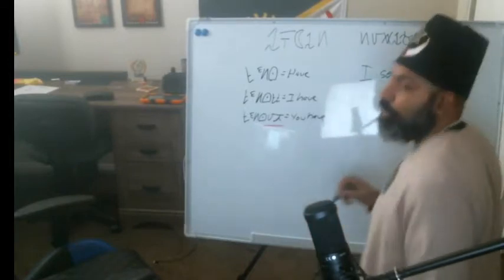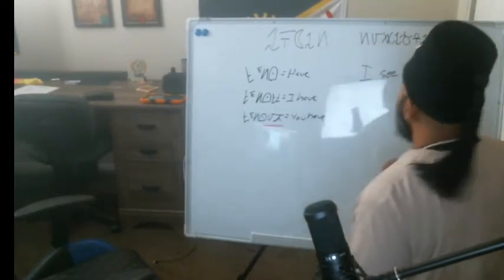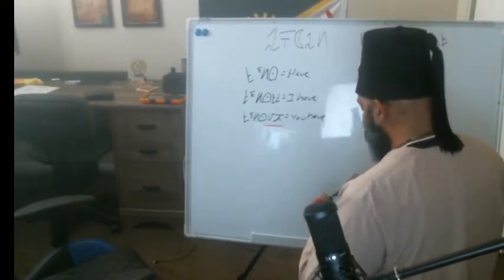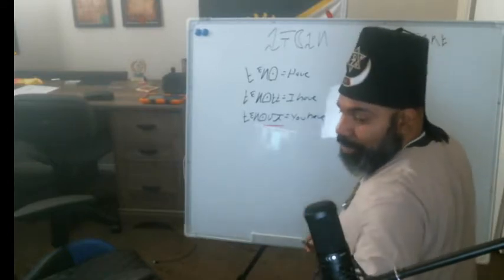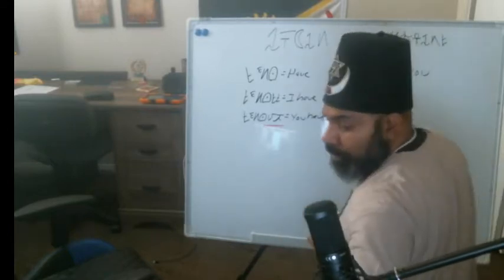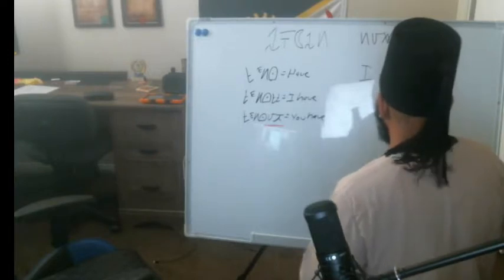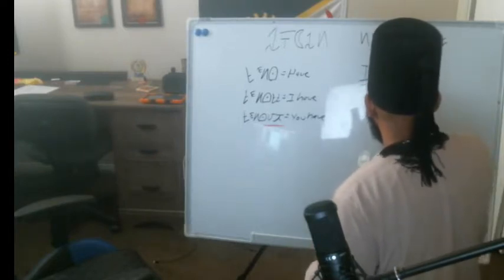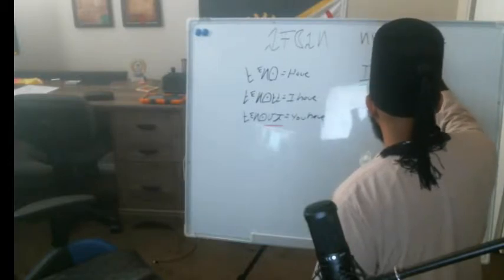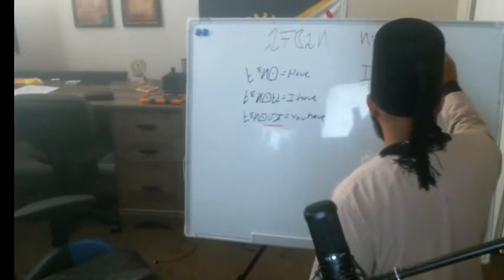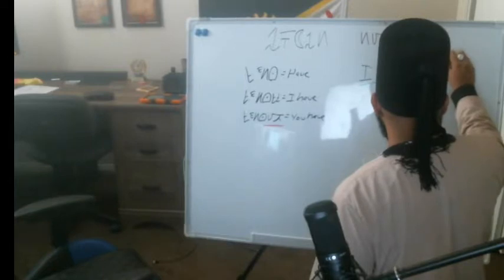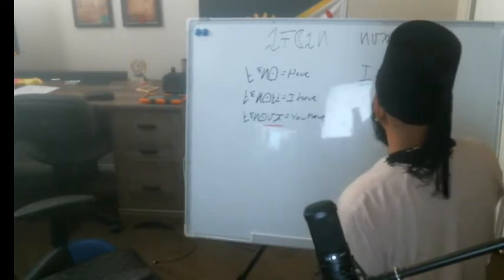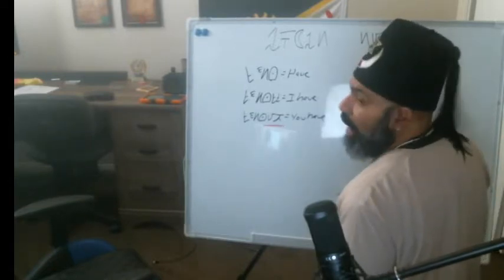You would know by now, let me use green, that if the root is nazur, then you have to conjugate this when I say I see.